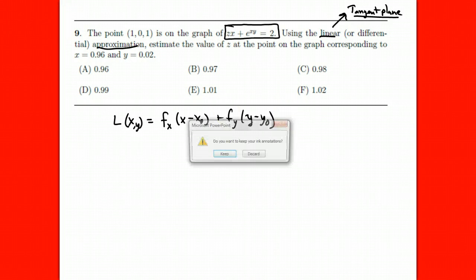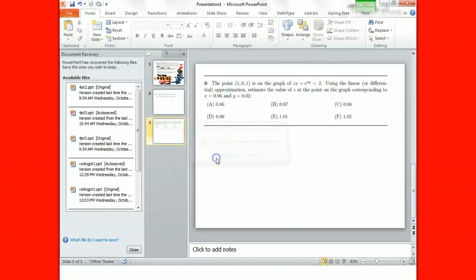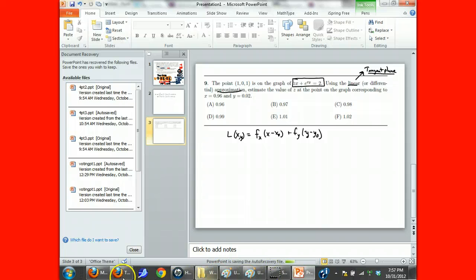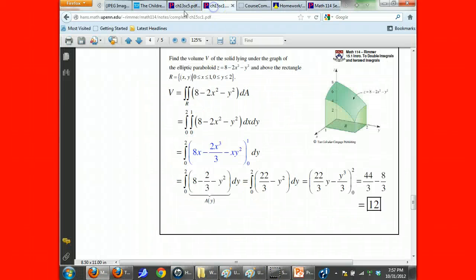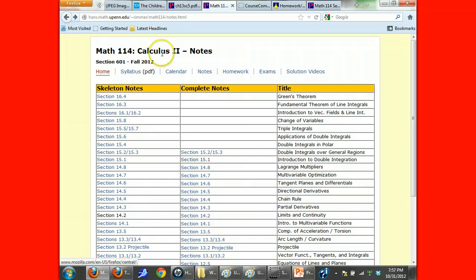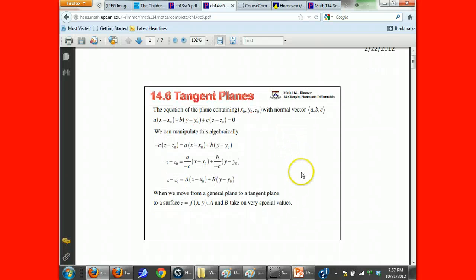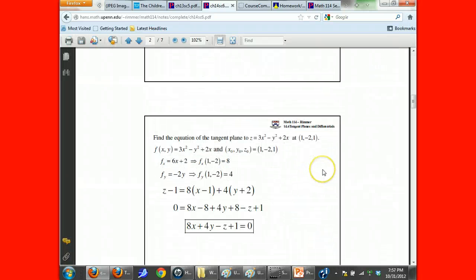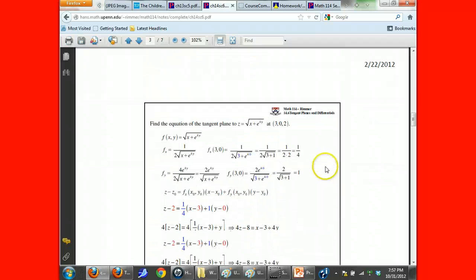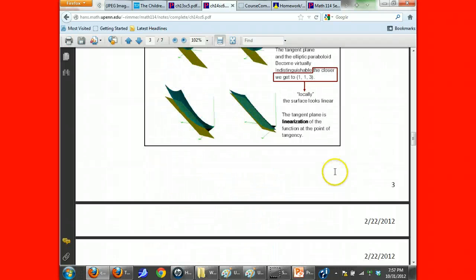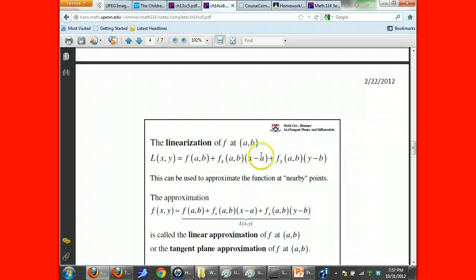I think there's something else, though. Let's go to the notes on that. These are notes from section 14.6. Plus the function value f of a.